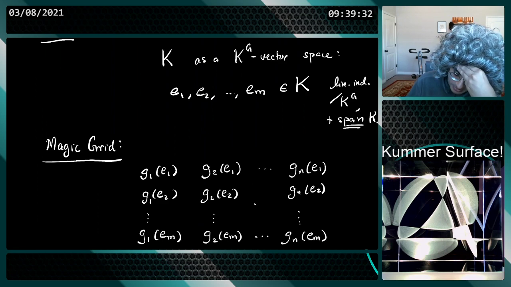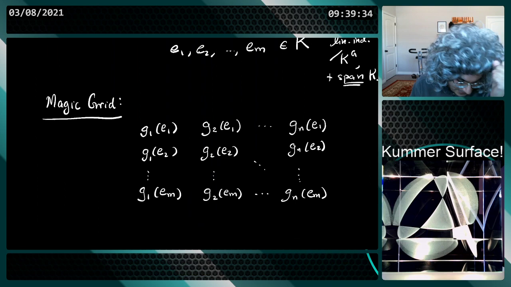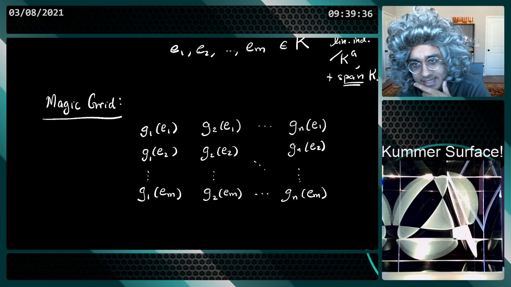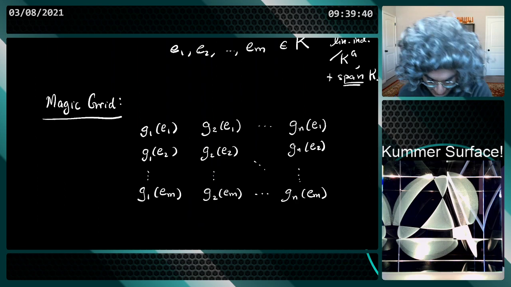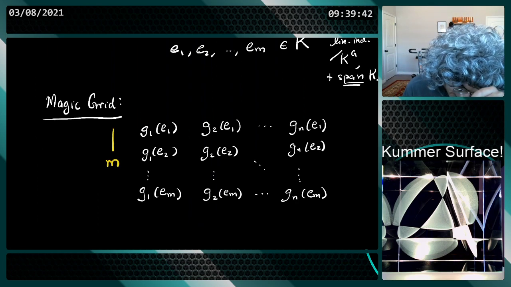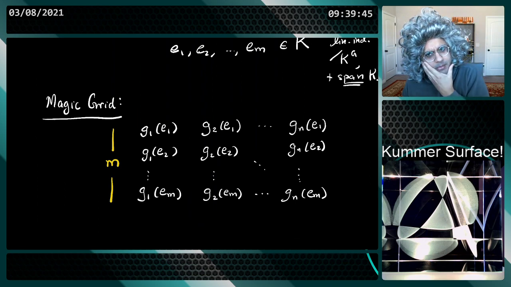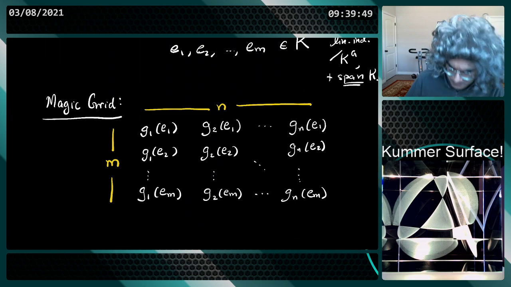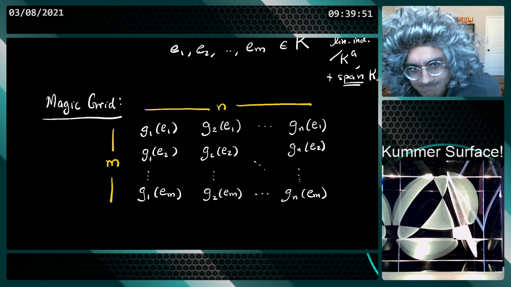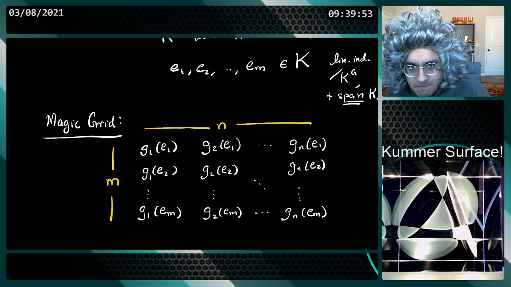Wow. Incredible. Look at this grid. Now, these are elements in capital K. You can't deny that. And just focus on the shape of this matrix. It is M rows and N columns. All right.